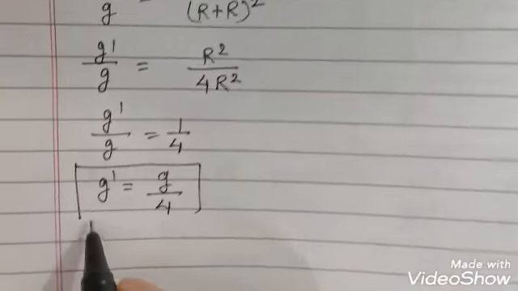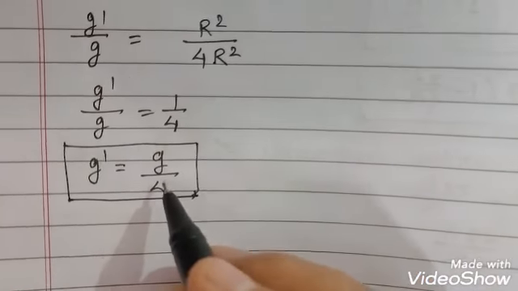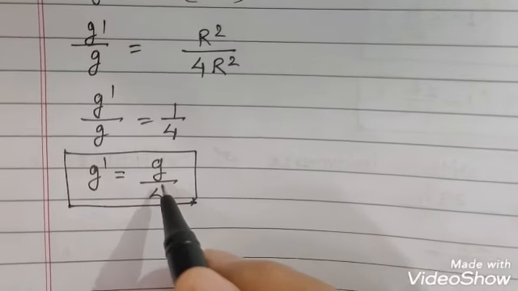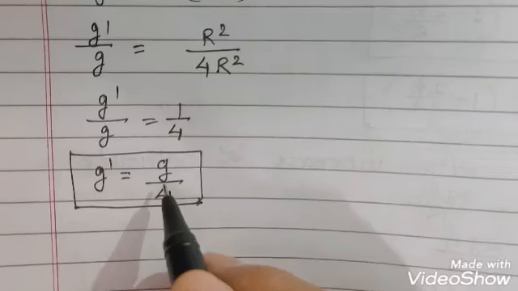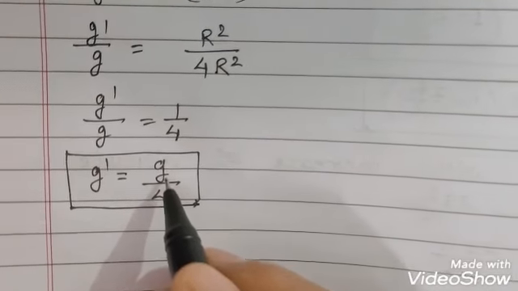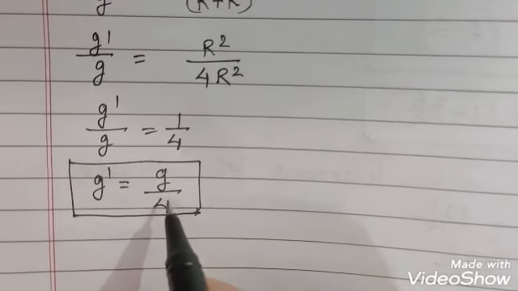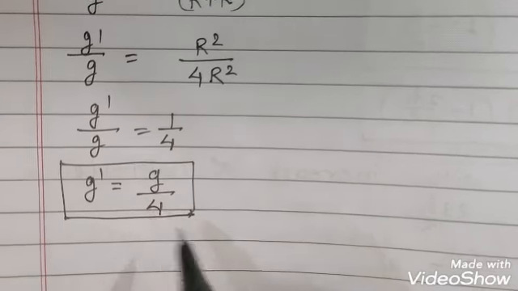That means the acceleration due to gravity will remain 1/4 of the acceleration due to gravity on the surface of the earth, or you can say the acceleration due to gravity on the surface of earth is g, so g dash will be reduced and will remain 25%.